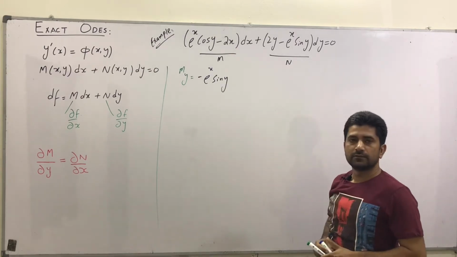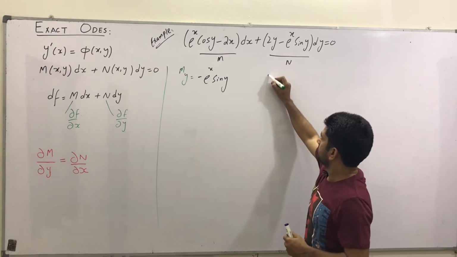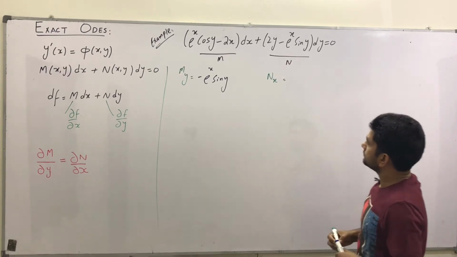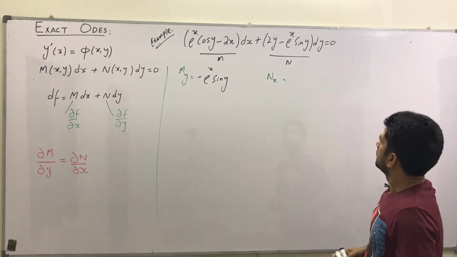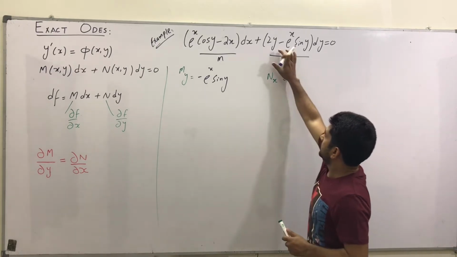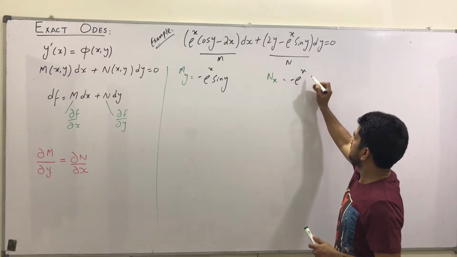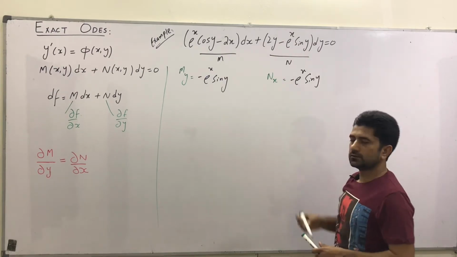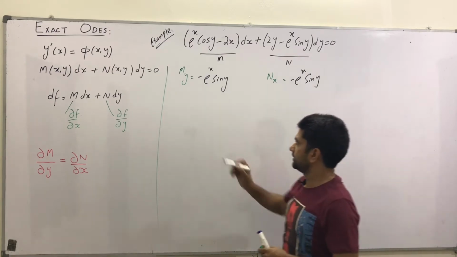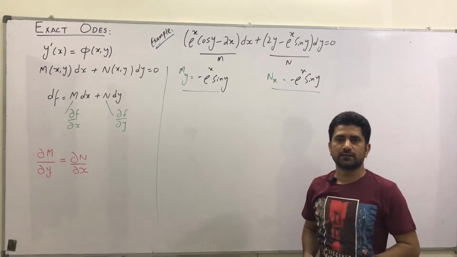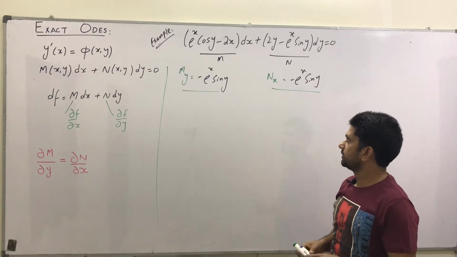Similarly here we differentiate N with respect to x. Here it is 0 and here we have minus e to the power x and sin y as it is. Now we see these two are the same, so the given equation is exact. Now we are going for the solution.